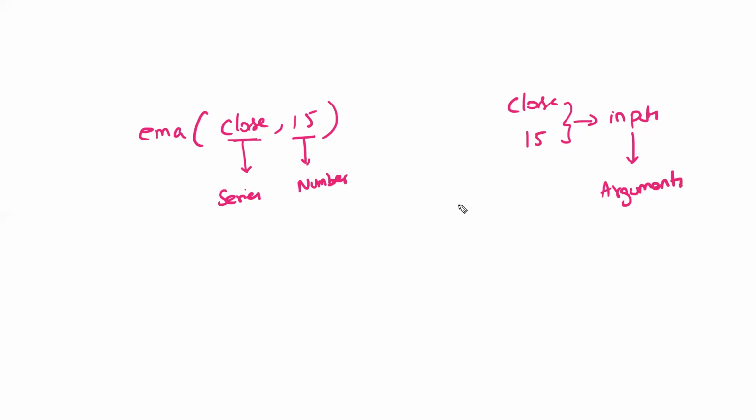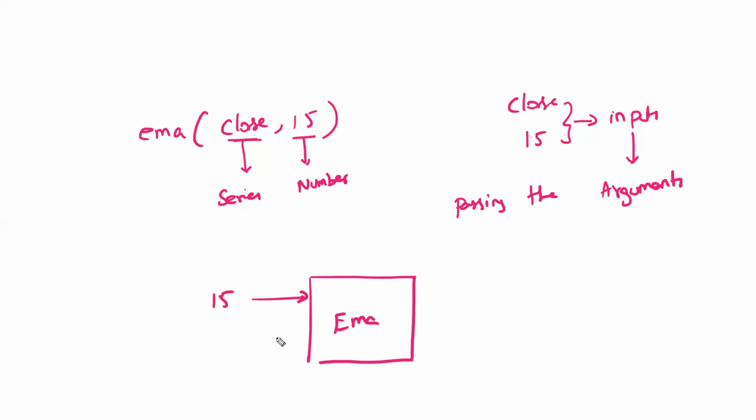In programmatic notation, we say I'm passing the arguments as an input. So this is a box, let's say. This is my EMA function. Inside this EMA function, I'm passing 15 as well as close as inputs. I'll be getting an output, right? This output is what we call a returning value.